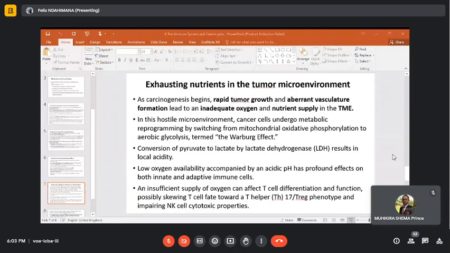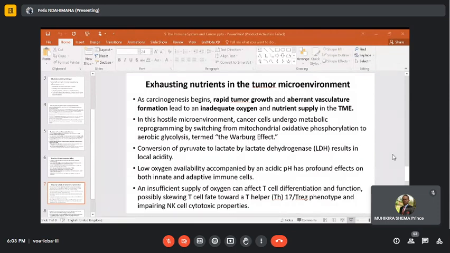So in this hostile microenvironment, cancer cells undergo metabolic reprogramming. It changes the way it used to get energy by switching from mitochondrial oxidative phosphorylation, the normal one that we already know that produces ATP and water, to aerobic glycolysis, which, if you still remember from biochemistry, produces pyruvic acid or pyruvate.